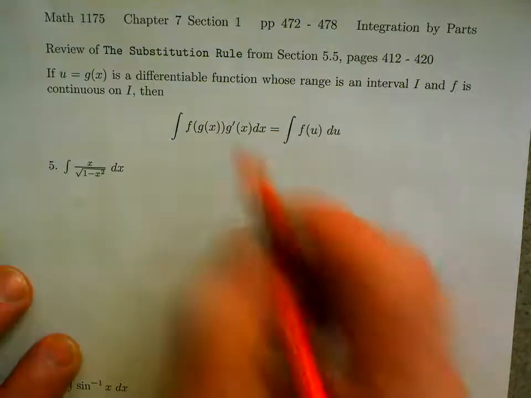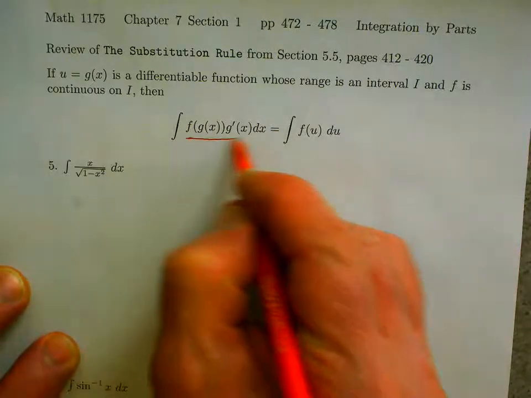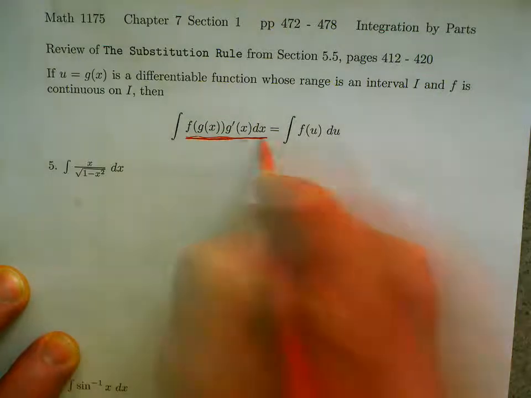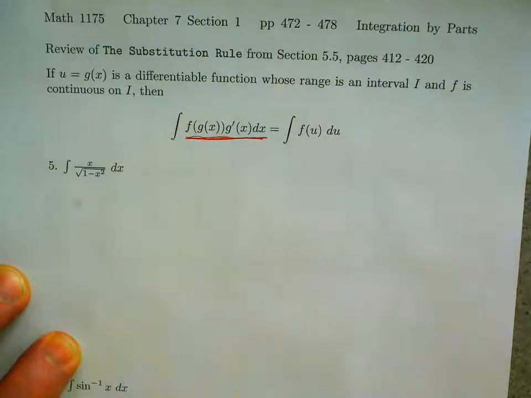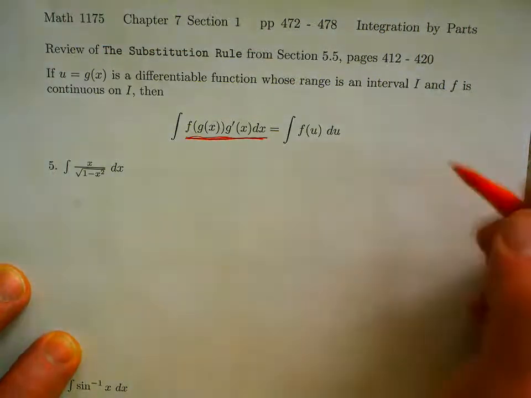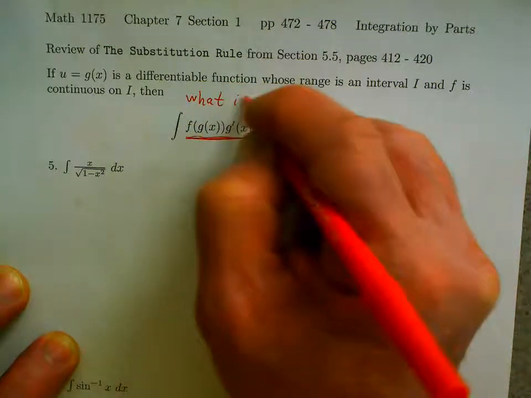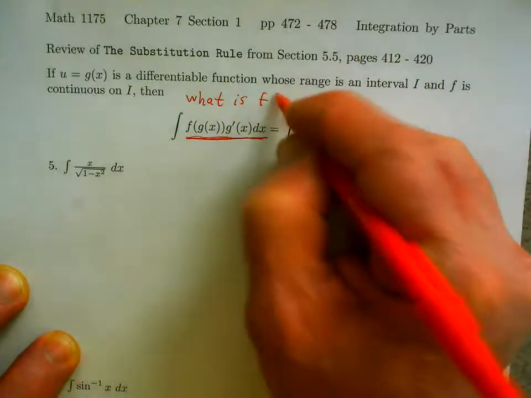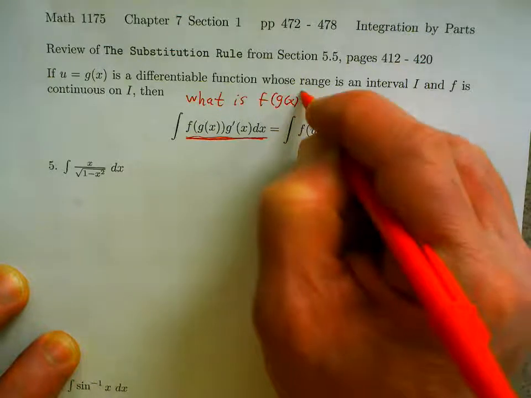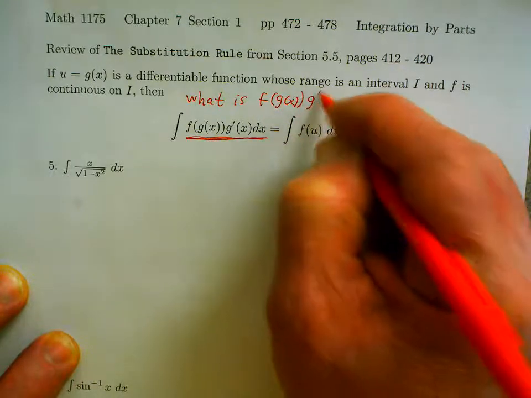Okay, so you recognize this integrand? If you were just looking at that integrand, what is that? So what is f prime of g of x times g prime of x?